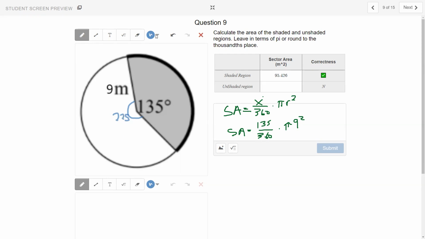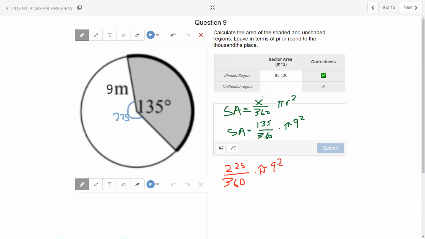So for the unshaded part, let's do a different color. We're going to do 225 over 360, times the whole area, which is pi r squared, so pi times 9 squared.